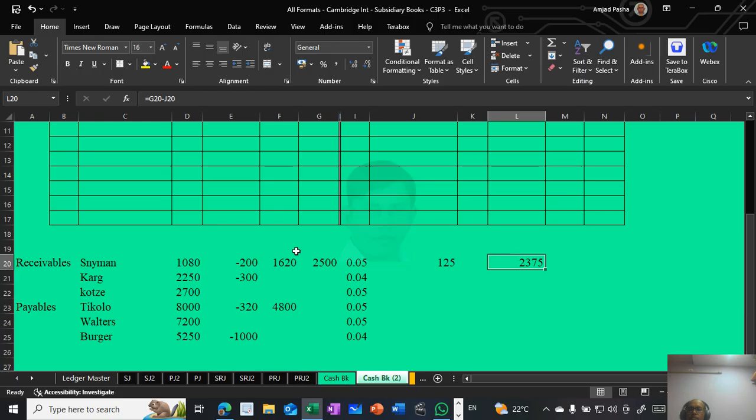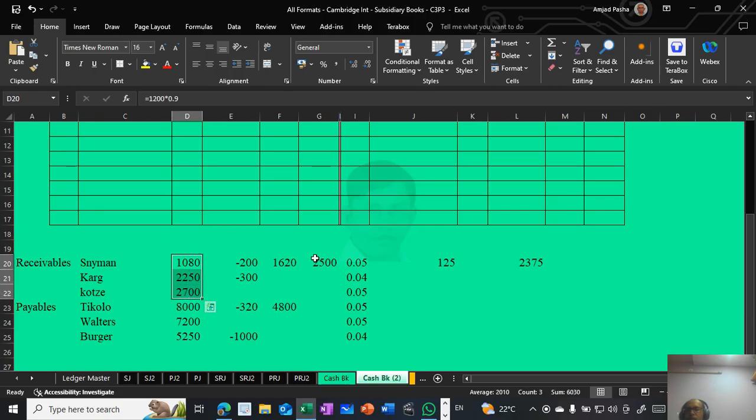So I have made all the amounts, list of amounts. So these are all sales or purchases. So these are all sales. This is also sale. These are all sales returns. These are all purchases.